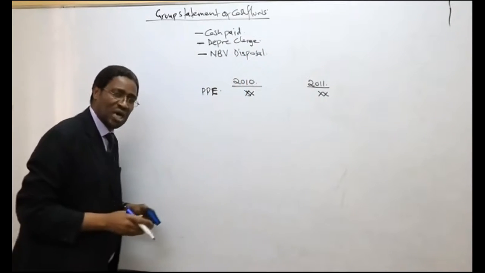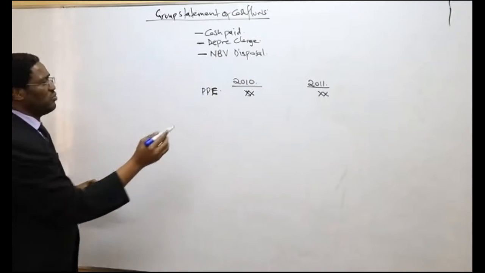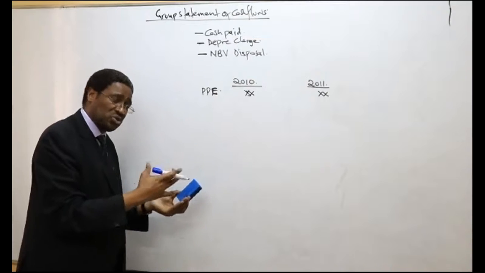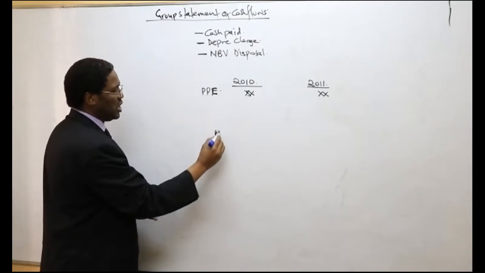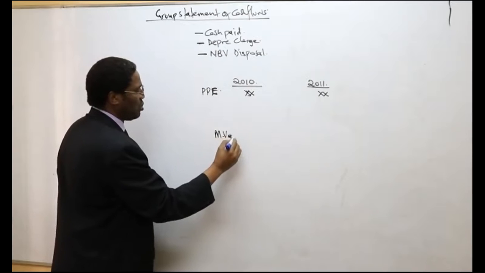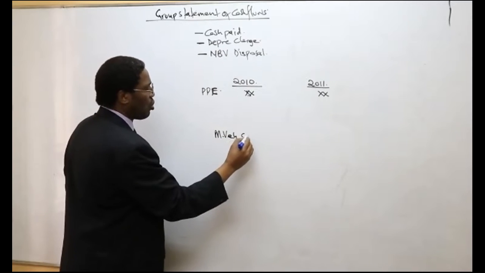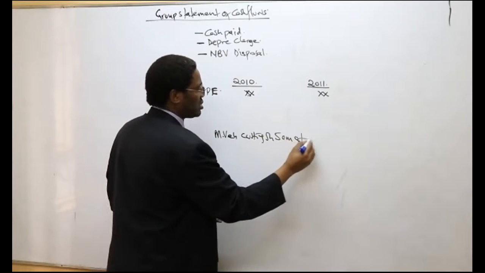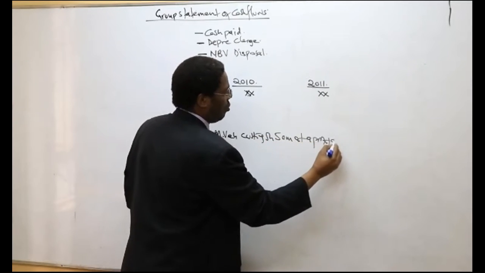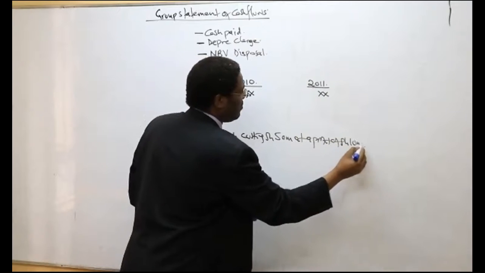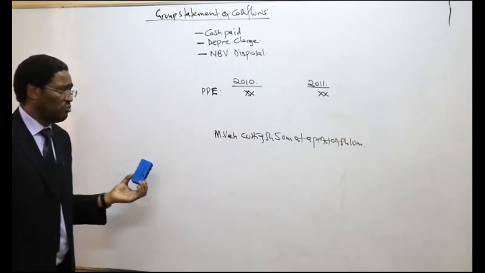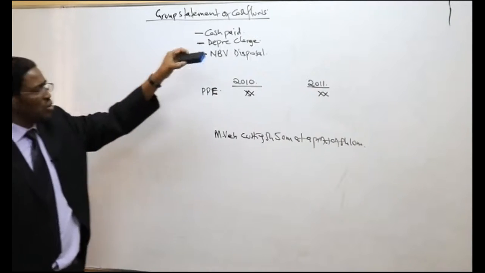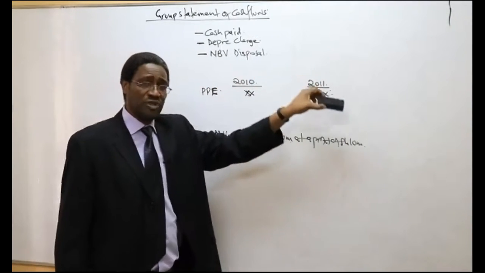For example, sometimes, according to the question, among the additional information, some questions tell you that during the year the company sold a motor vehicle costing 50 million shillings at a profit of 10 million shillings.